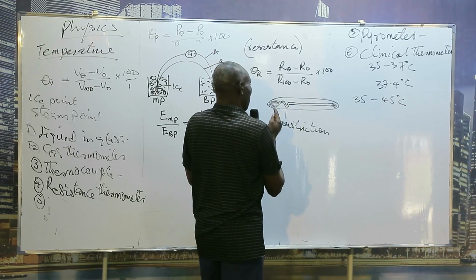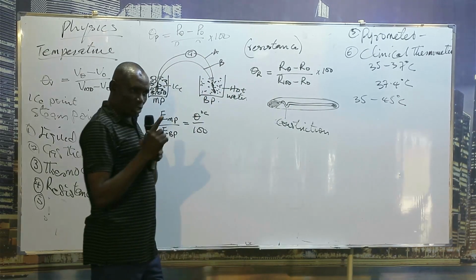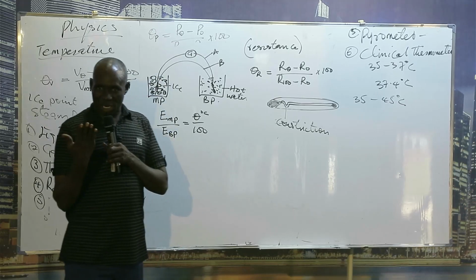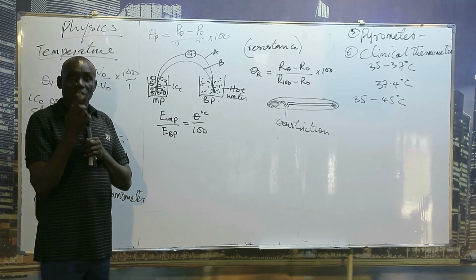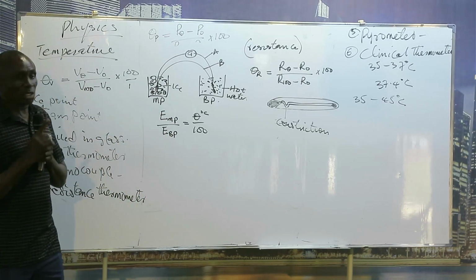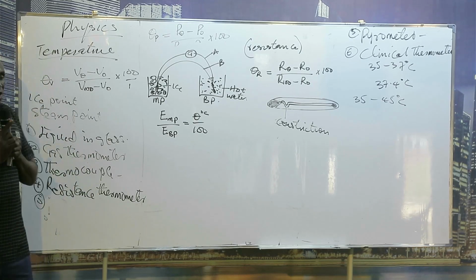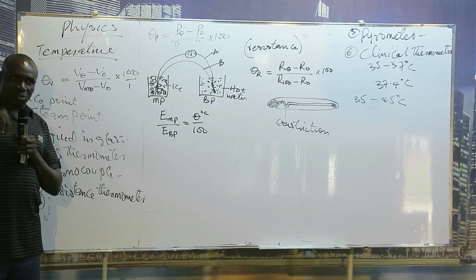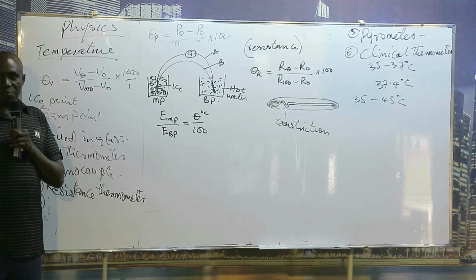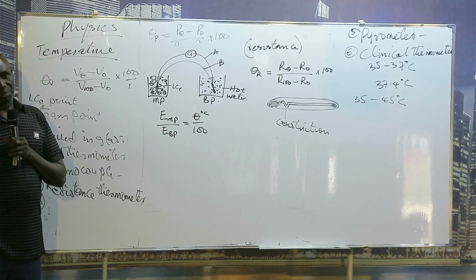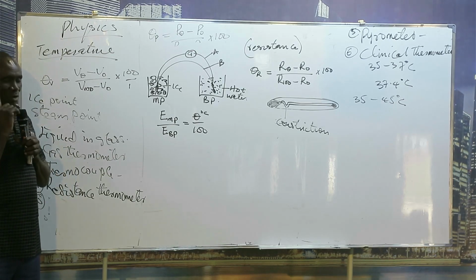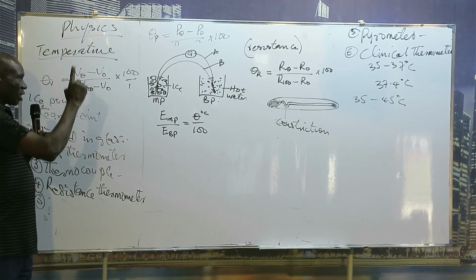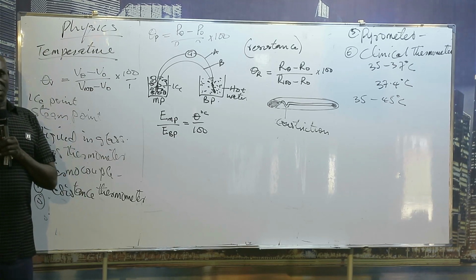After measuring the human temperature, it will still record the same thing. It will not go back until you add pressure to return it, maybe for another person's measurement. So it has a constriction. That's the difference between the clinical and other thermometers.